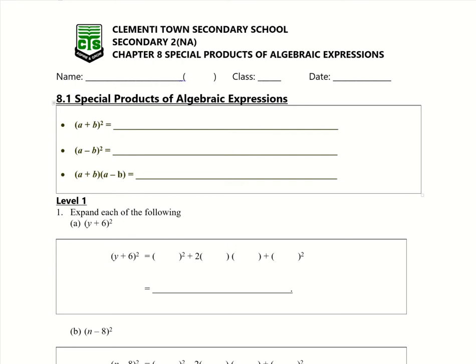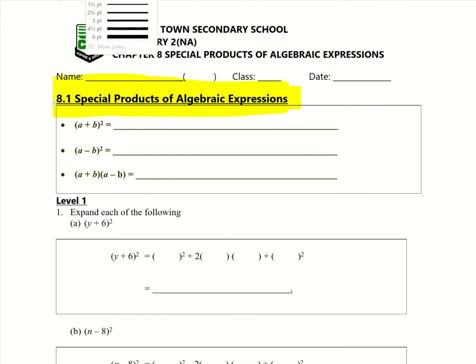Alright, so in this lesson, we'll be learning about what we call special products of algebraic expressions. What we will be doing is simply using these special products to expand algebraic expressions. Of course, the algebraic expressions will have to fit in this special formula.